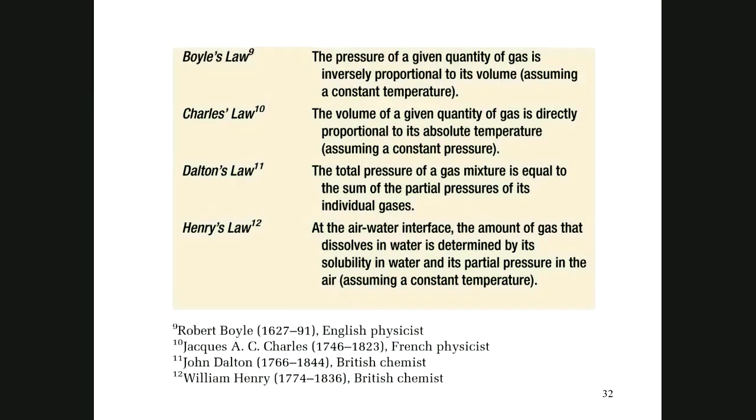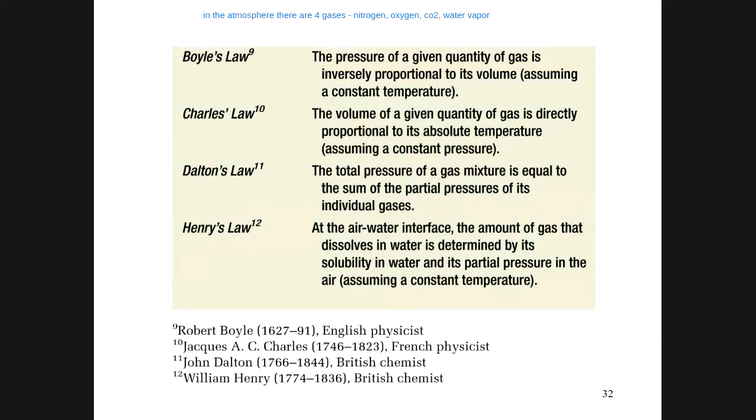Most of it, about 78%, is nitrogen. About 21% is oxygen, and then you have very small amounts of carbon dioxide and water vapor. These four gases are what you find in the atmosphere.